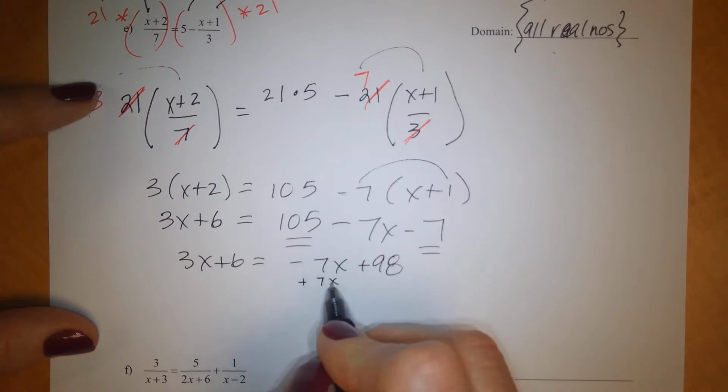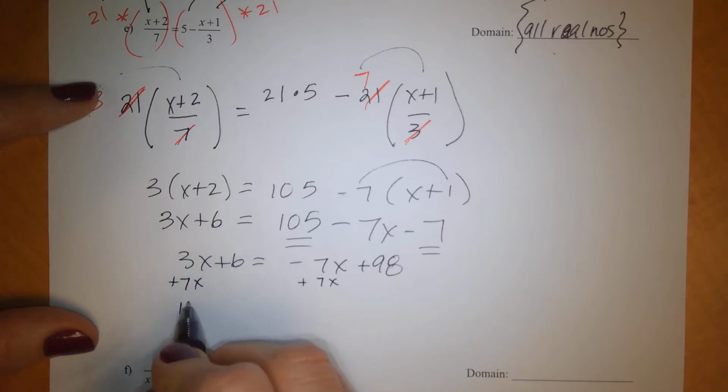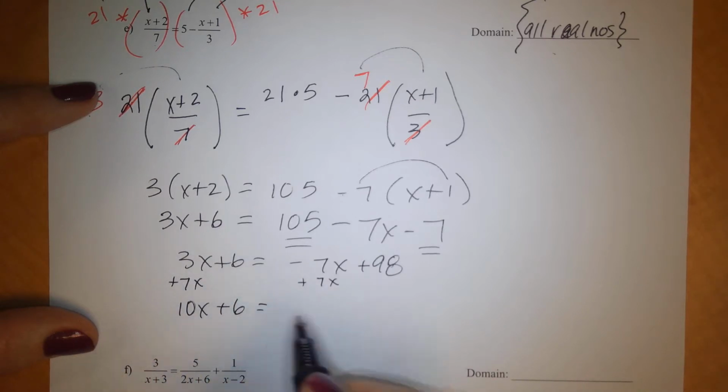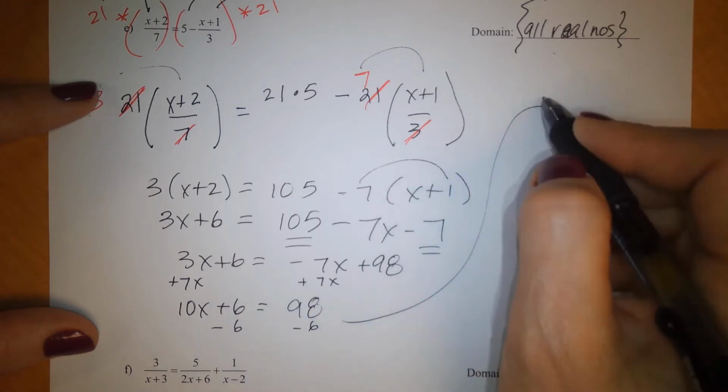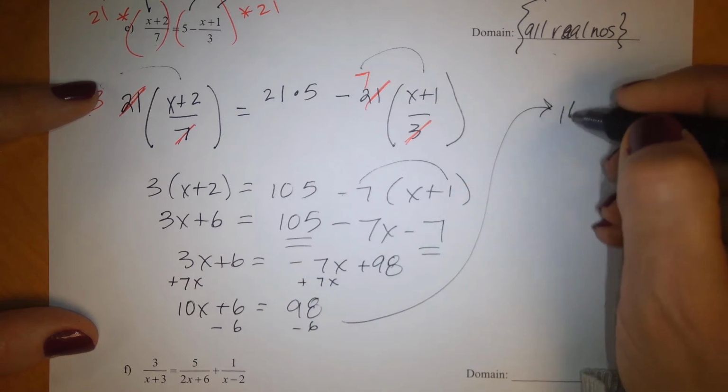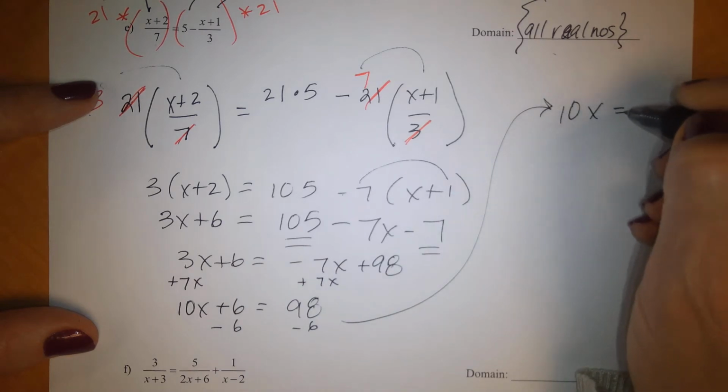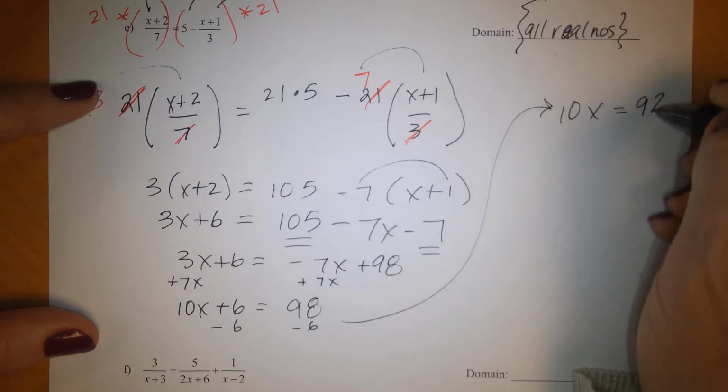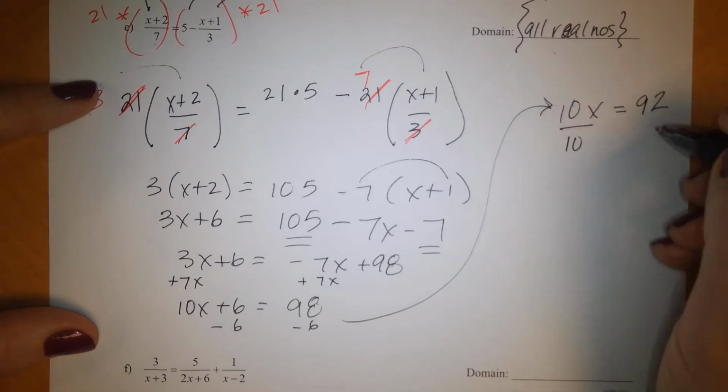Get the x's to one side and the constants to the other side. That gives me 10x equals 92. Divide by the coefficient.